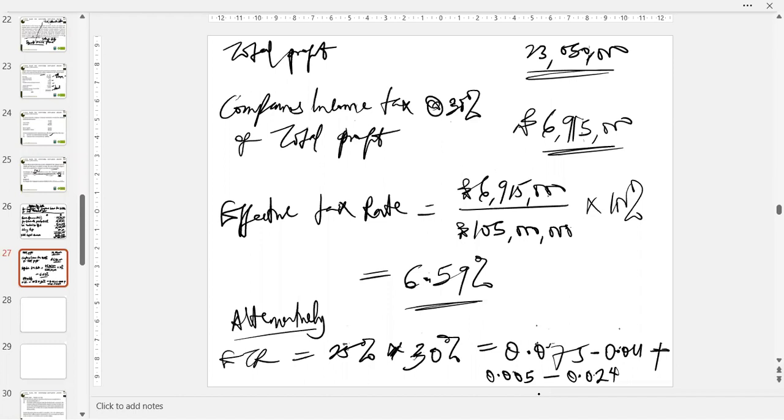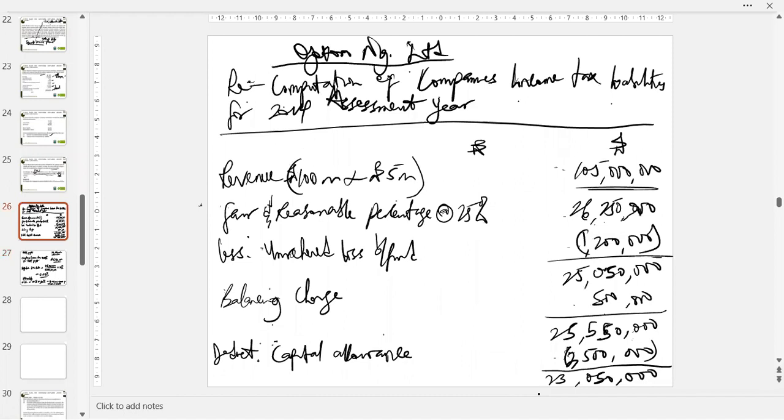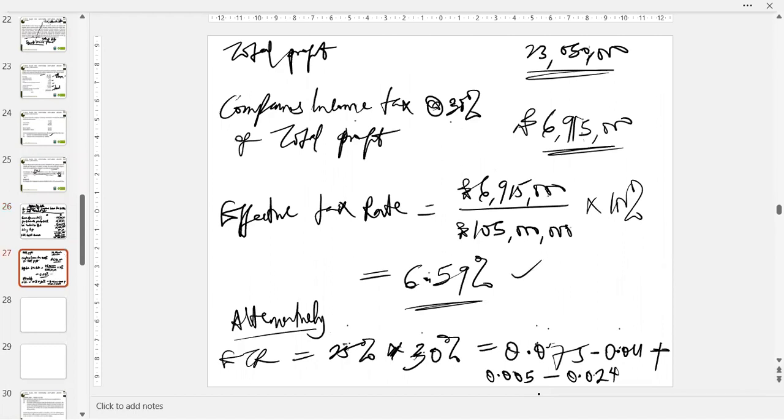Something is wrong somewhere. Anyway, the objective here is that if you apply the 30% on the fair and reasonable percentage, holding all other factors constant, that is, no unrelieved loss brought forward, no balancing charge, no capital allowance, the effective rate should give us the same rate that we have here. So let's move on to avoid wasting time.